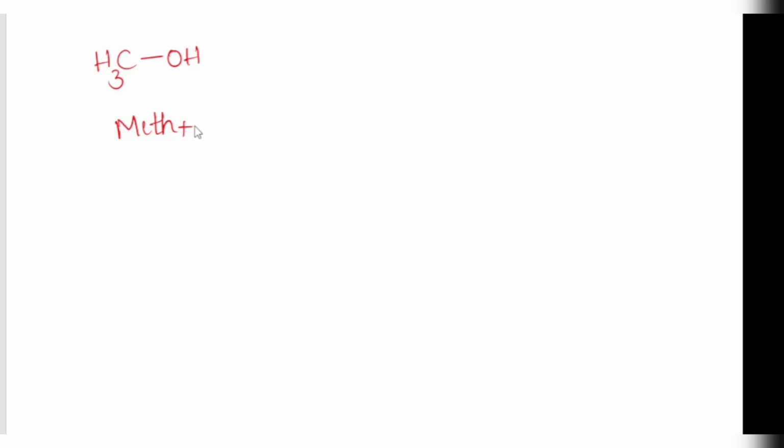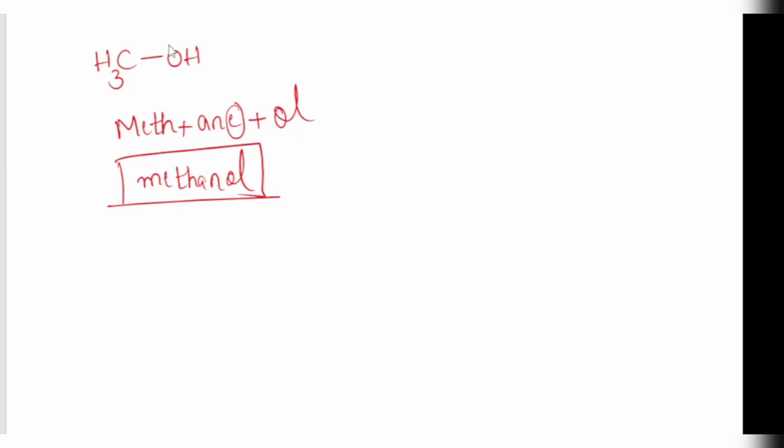If there is no such case, we have to take ANE only. Then again, what is the suffix for this? That is OL. And here the same elision of E has to take place, and the remaining things we will add. We will write it as methanol. This is simple. We will write the IUPAC name as methanol for this particular compound.